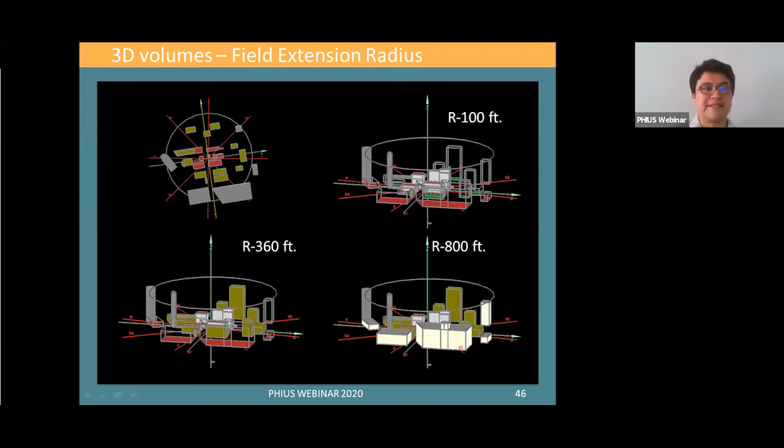These colors represent their proximity to the house. We have gray structures on a radius of 100 feet, green structures on a radius of 360 feet, and yellow structures on a radius of 800 feet.